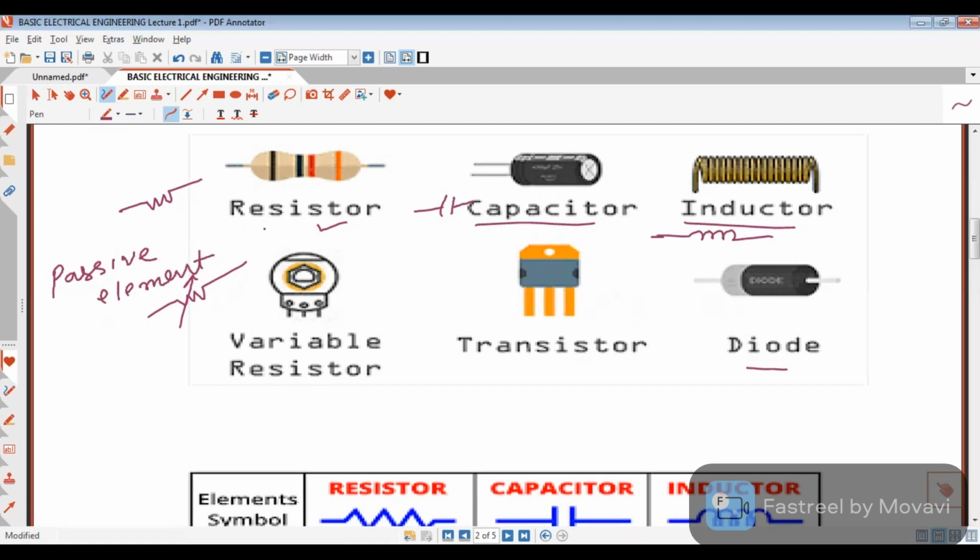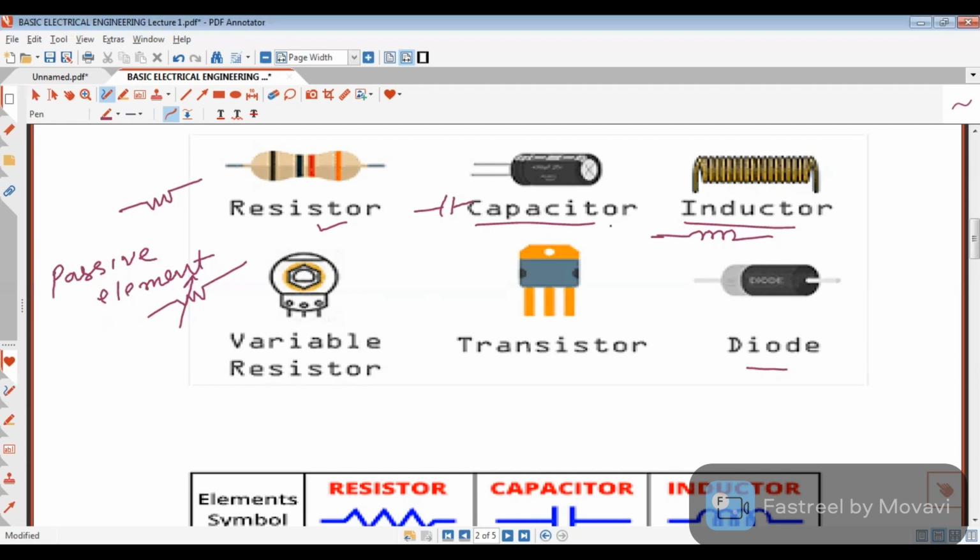A passive element means an element which takes energy from the source and either dissipates it in the form of heat, as in the case of the resistor, or stores the energy, as in the case of the capacitor and inductor, and when needed it releases that energy.